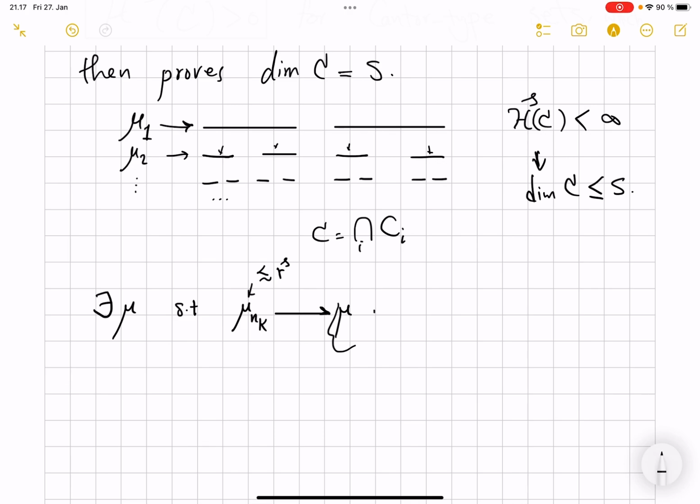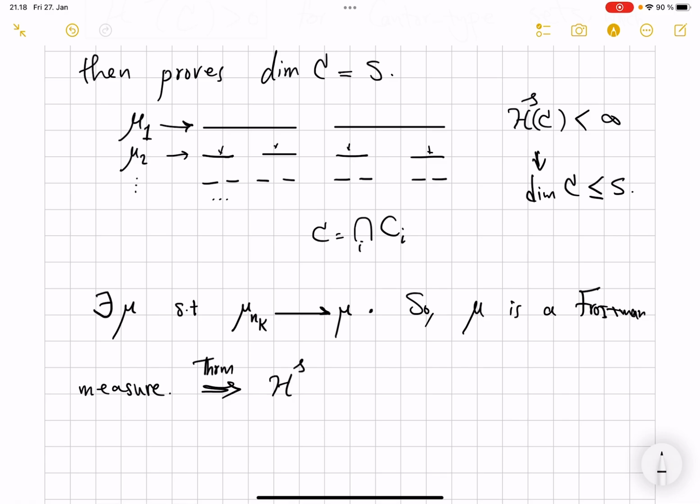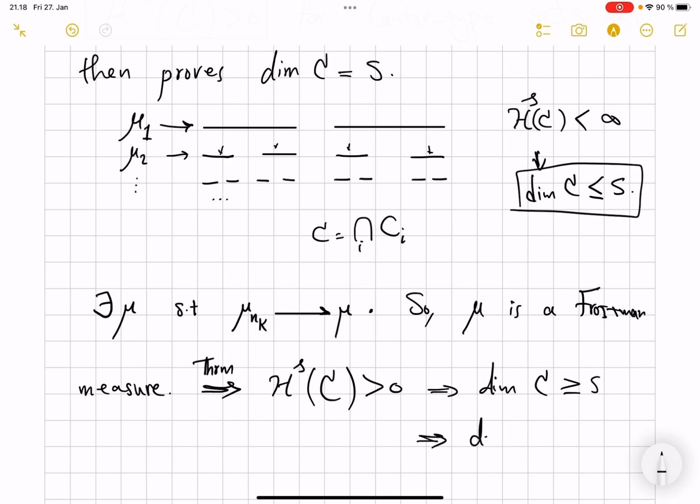So therefore, this mu becomes a Frostman measure on the limit set C. So that gives us the existence of a Frostman measure, and from which, according to the theorem, it follows that the HS of C is positive, and that dimension of C is at least S, which together with this upper bound ends the proof that the dimension is equal to S. This cannot, of course, be used for computing the actual measure of the set C, only for confirming the dimension.